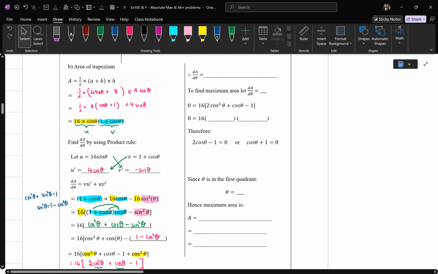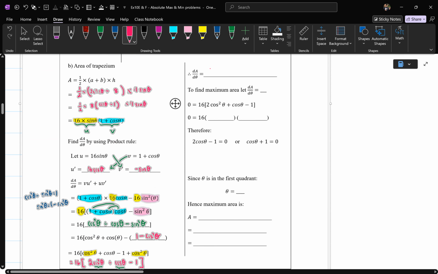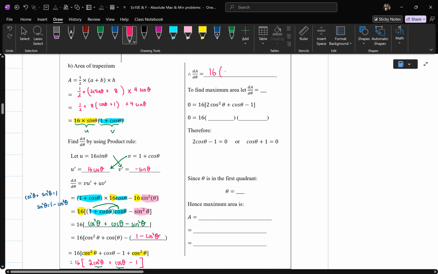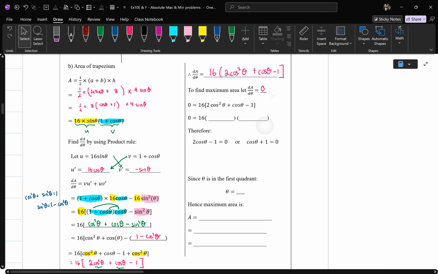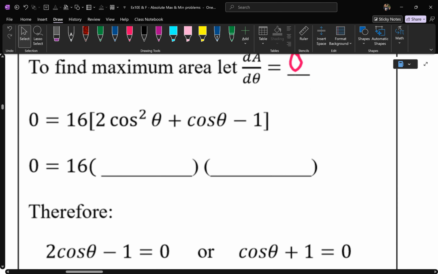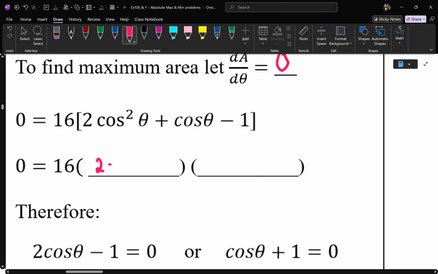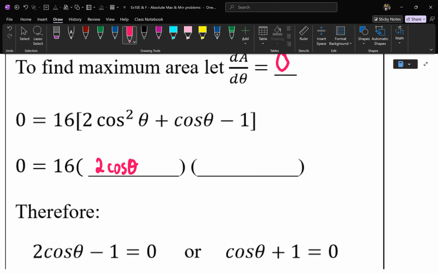And so from here, the derivative is 16 times 2 cos squared theta plus cos of theta minus 1. Max area occurs when the derivative equals 0. Here we go. I factorized it for you before, so it should have been 2a, which is cos of theta, minus 1, and then cos theta plus 1.